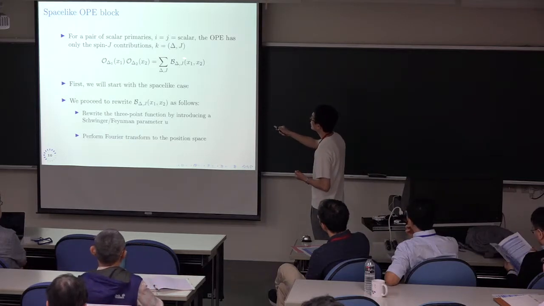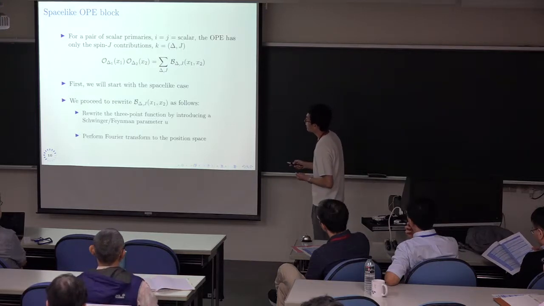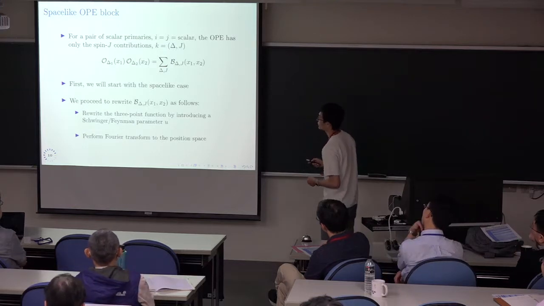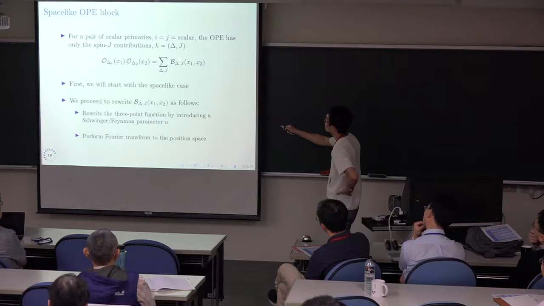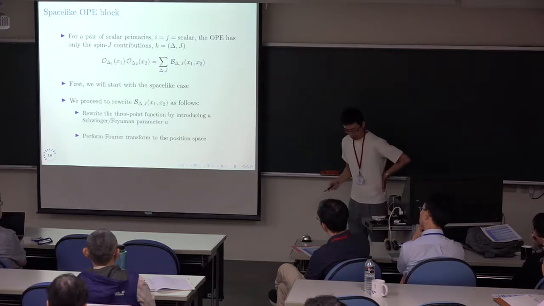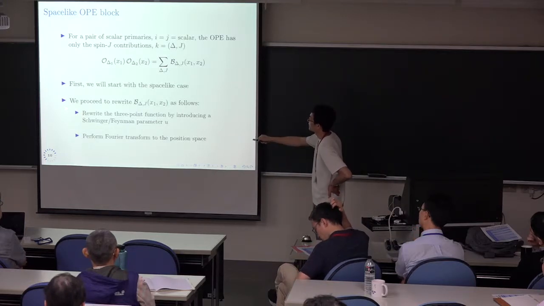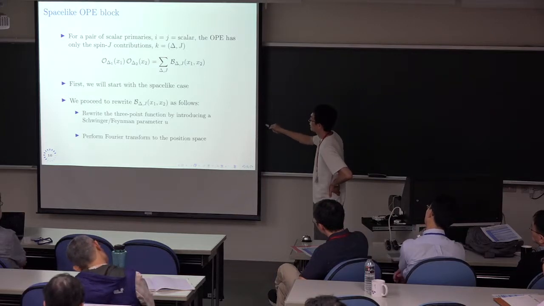So on the right-hand side, you have the spin J OPE block, and I also focus on the scalar block for simplicity. You can rewrite the OPE block in this case using the previous formula. I won't show you any detail about that, I just give you an outline of how to rewrite it.